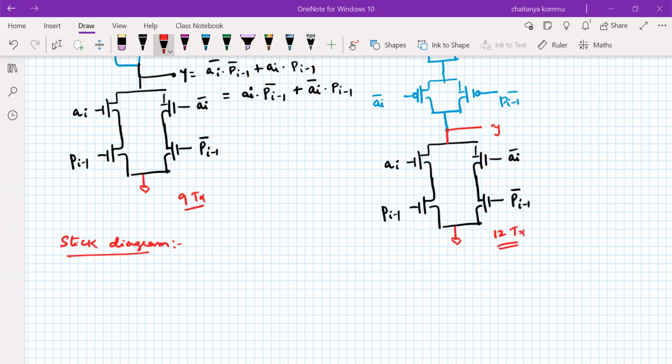Please wait for a second, I will check whether the color diagram is there or not. If not, I have to draw. But of course, you know very well how to draw this stick diagram. Please try to do it.